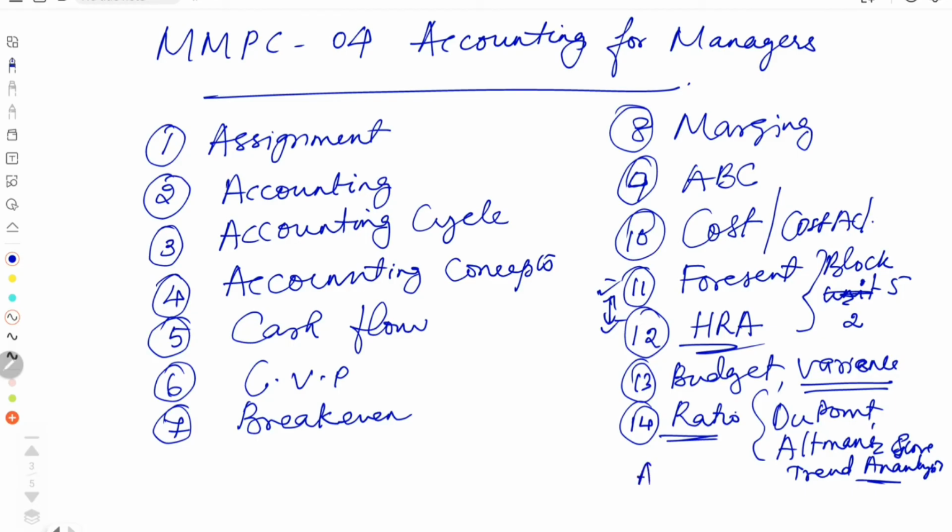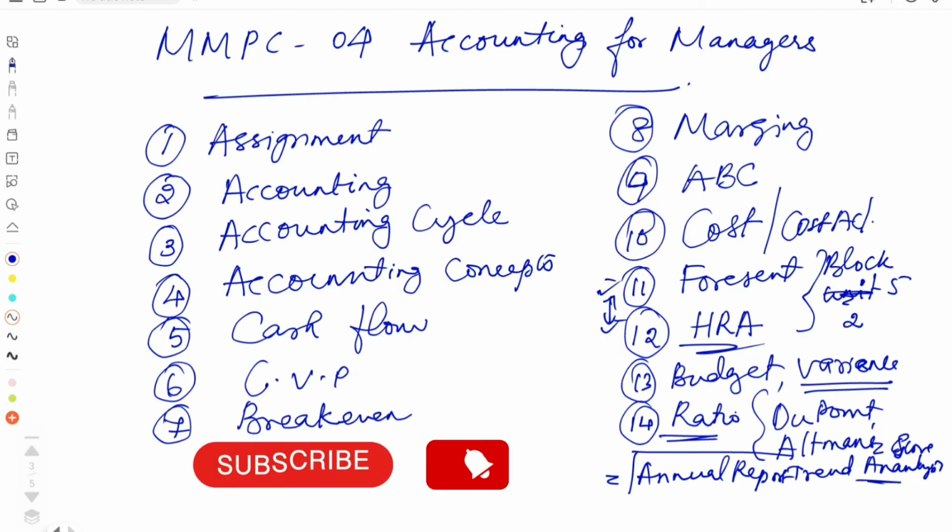Once we have had a question on the annual report. The annual report is there in detail, but if time permits, definitely take a look at it and read it, because once we had a question asking you to explain what you understand by annual statement and what the different components are. That only happened once, but definitely there will be one question from block number 4, that is financial statement analysis.